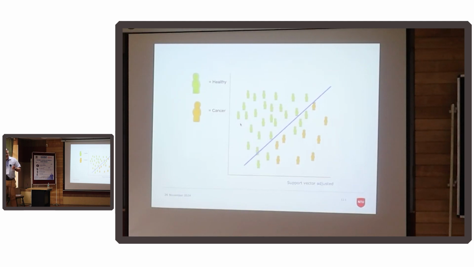In effect we have this line and we're moving the line, we're changing the gradient term until we find the best fit. And it's that point where we have the classifier.